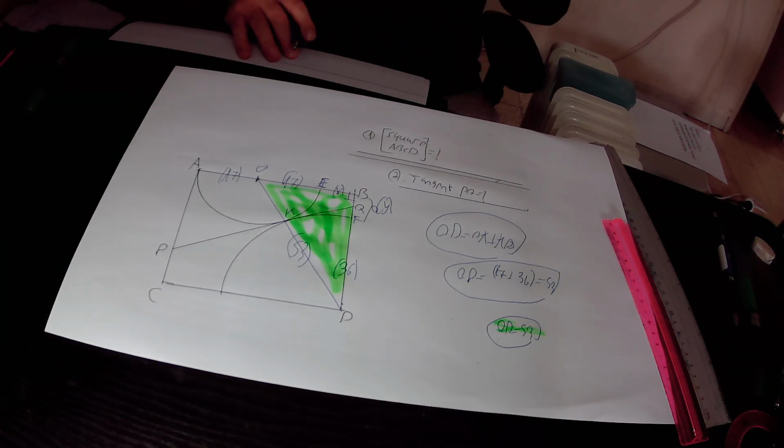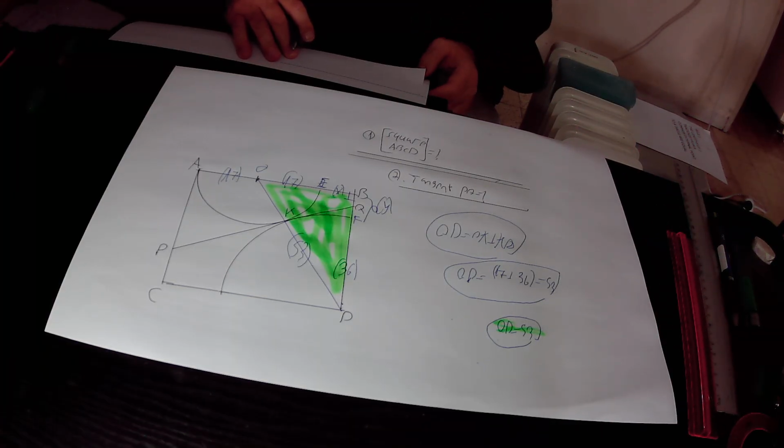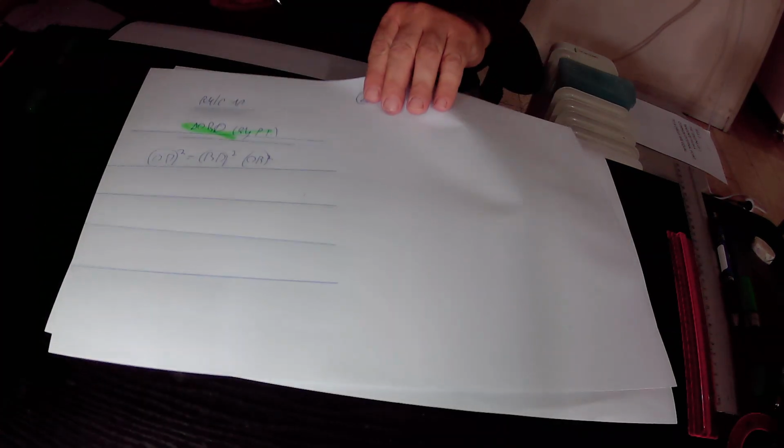In this green right triangle, the following equation is true: OD squared, the square of the hypotenuse, equals BD squared plus OB squared.